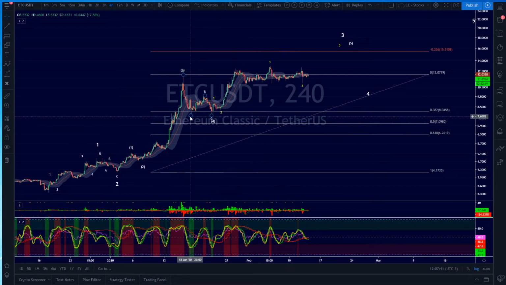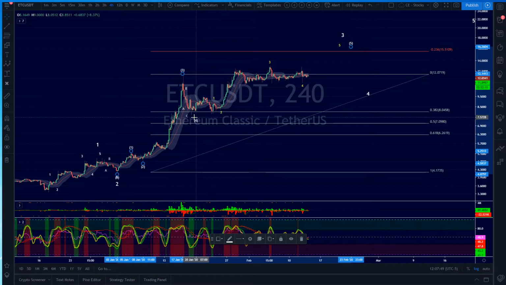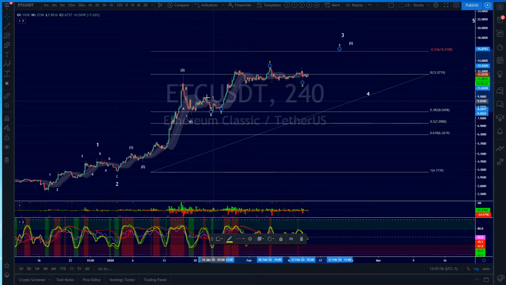I'm conflicted on whether or not this is an A, a B, and then a C here, and then the 4 is actually back here, and then the 1, let me move this back here because I think this might fit a little bit better with our bias.